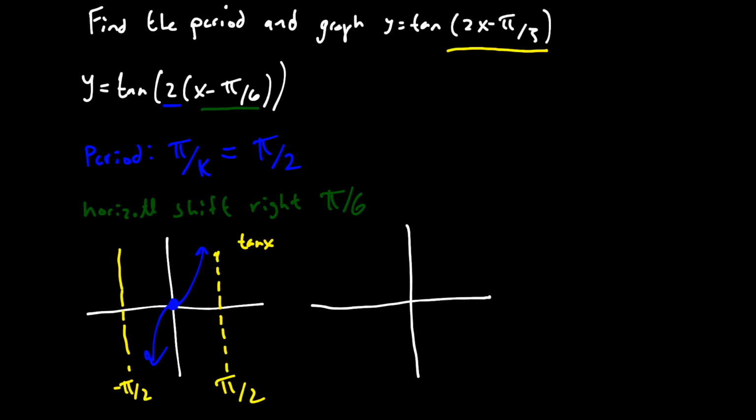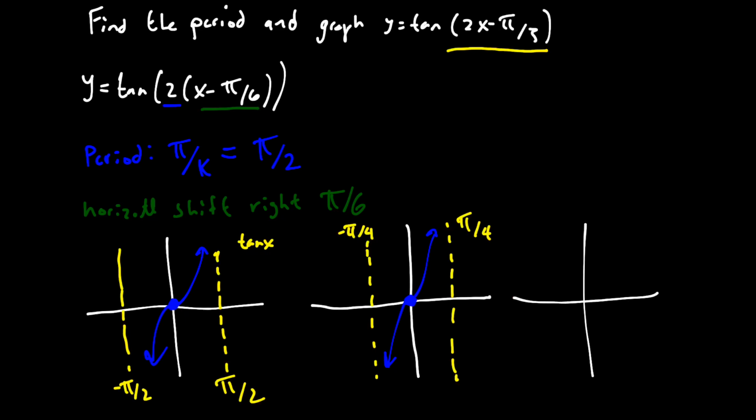And so our new vertical asymptotes are going to be at negative pi divided by 4 and pi divided by 4. And the remainder of the function is not changed. Then we can apply our last transformation and horizontally shift everything to the right.